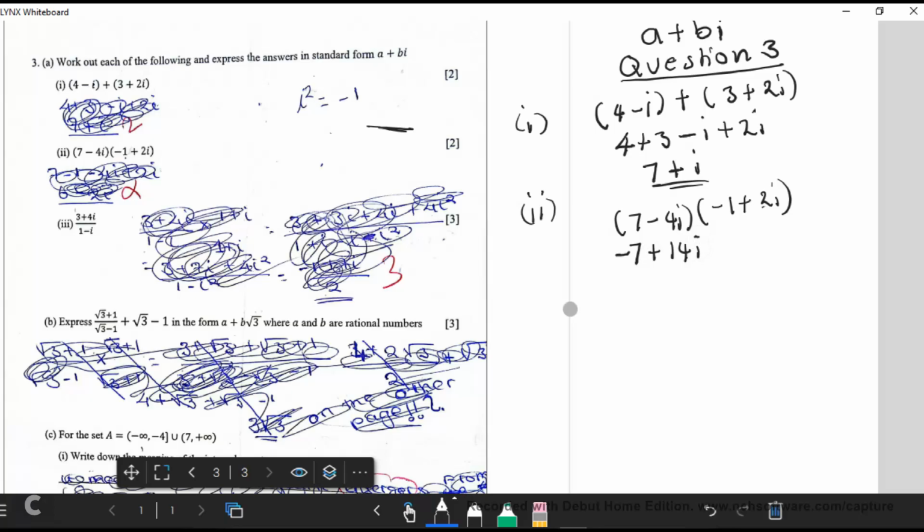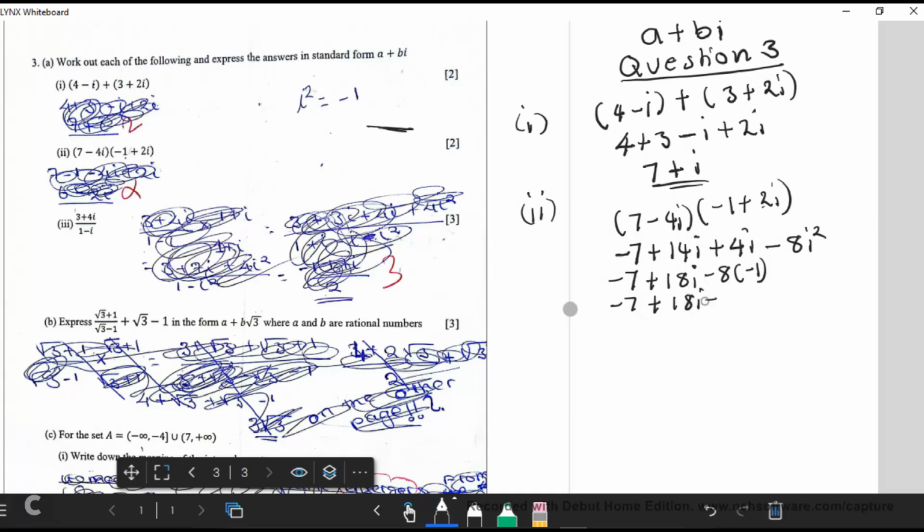Then negative 4i times negative 1 gives us positive 4i. Then negative 4i times positive 2i gives us negative 8i squared. So it's supposed to be negative 7 here plus these two, which add to give us 18i.